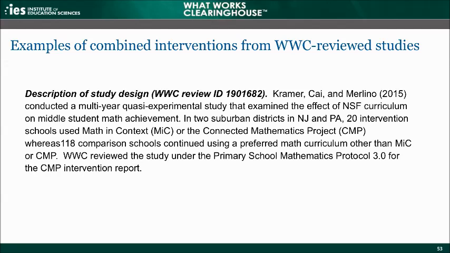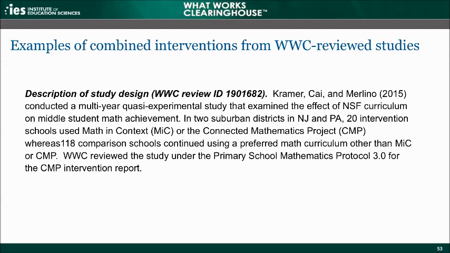The WWC reviewed the study under the primary school mathematics protocol for the CMP intervention report. So the intervention of interest was Connected Mathematics Project. So the question is, would this study be eligible for review, and does it have a confounding factor?